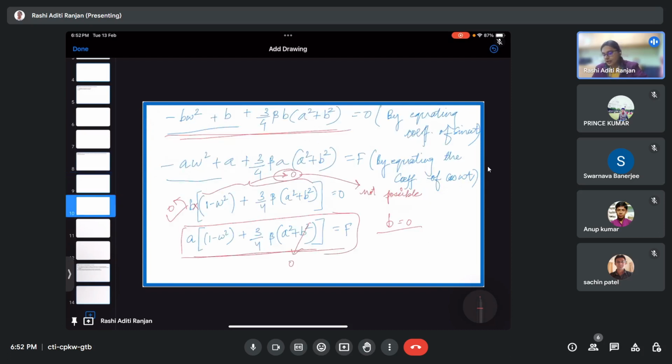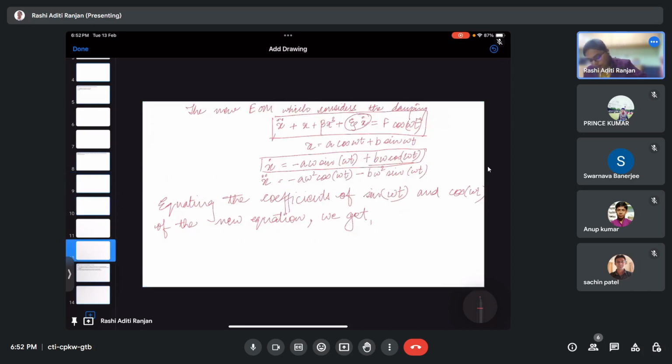So now this new expression will become what? Minus of b omega square plus b plus 3 by 4 b into beta a square plus b square and minus of epsilon omega a is equals to 0.